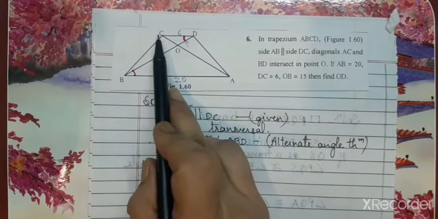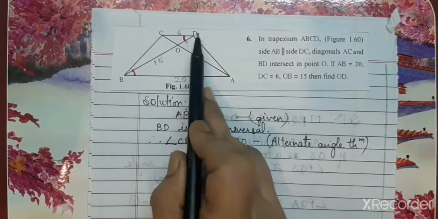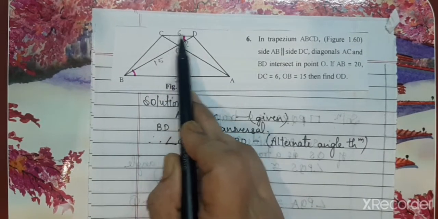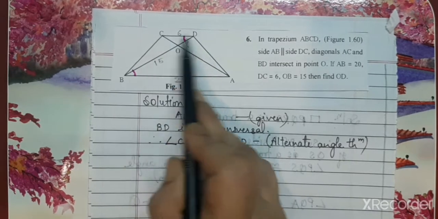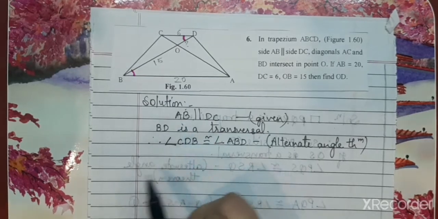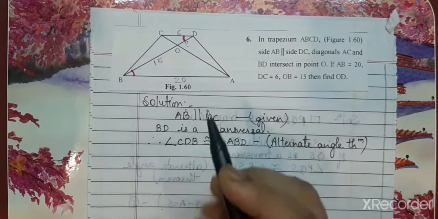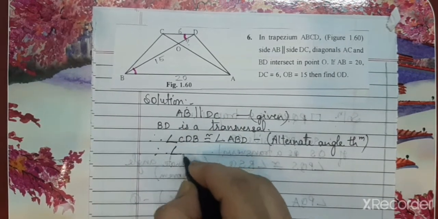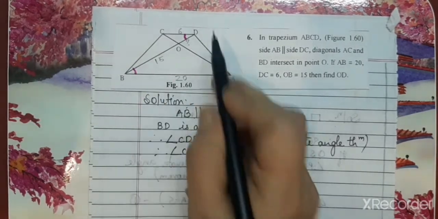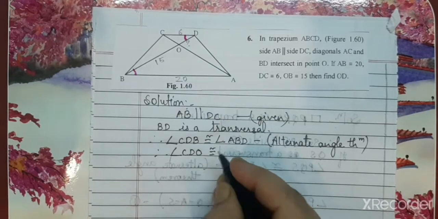Now if you look at this CDB, we don't want CDB. Since we are taking these two small triangles, we want only CDO. CDB and CDO are one and the same, the same angle having different names. So instead of CDB, I can write CDO. Similarly, ABD, I can write ABO.